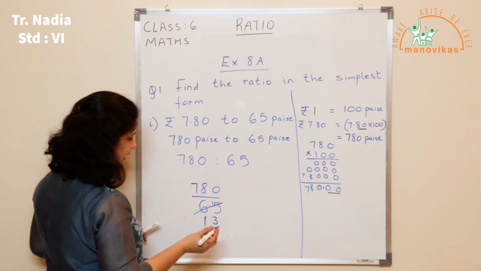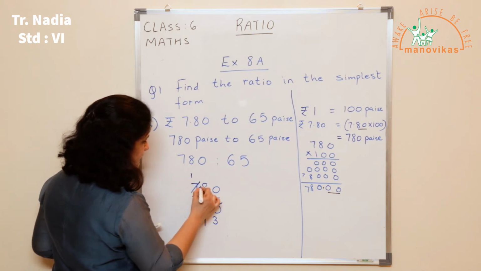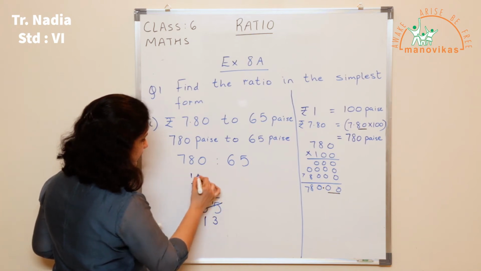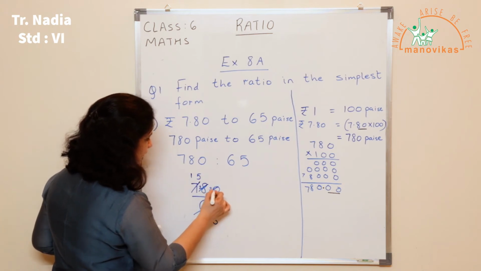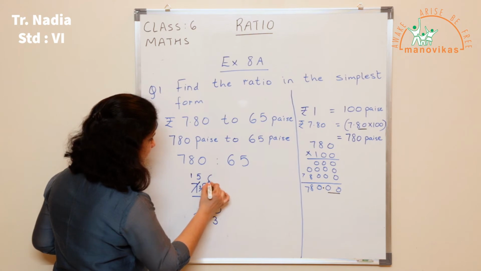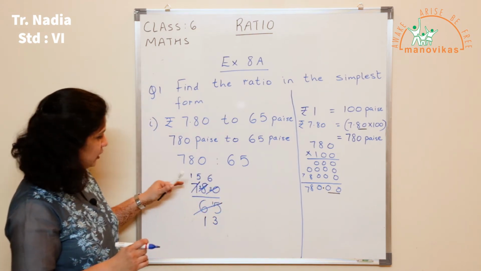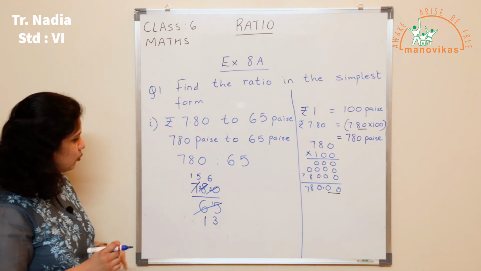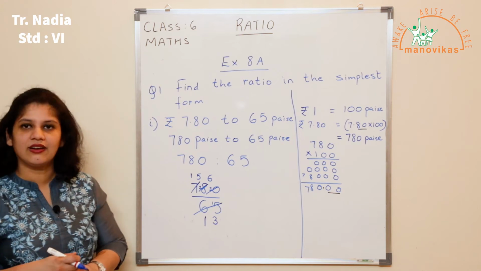Let us see 780 how we can reduce. 5 1s are 5 closest, extra 2 here, 5 5s are 25 closest, extra 3 here, 5 6 are 30. Okay, so I have reduced and I have got the new numerator as 156 and the new denominator is 13.